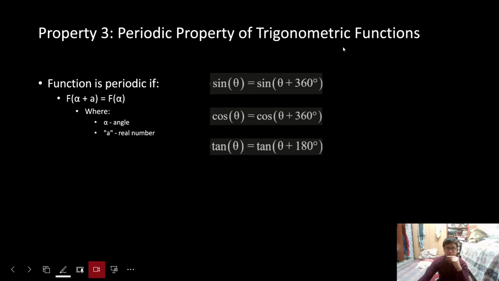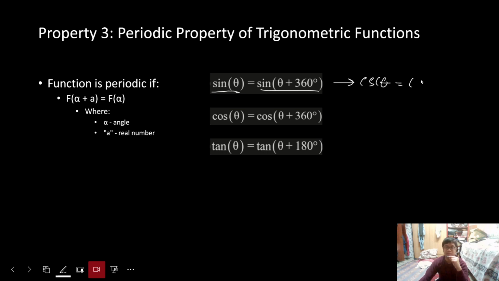Now, how about the others, like cosecant, secant, and let's just say cotangent? Well, the reciprocal of sine is cosecant theta, and what we have for sine will also be the same for cosecant theta.